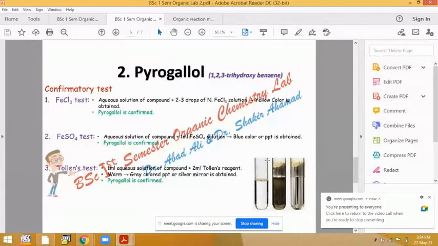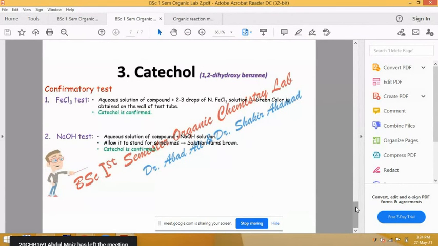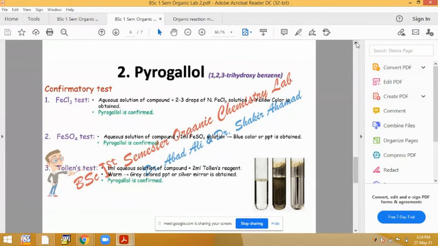Note they have mentioned the bromine water test, but this phenol does not show a good test. That's why I avoid this test. Only the FeCl3 test is enough for these three phenols.